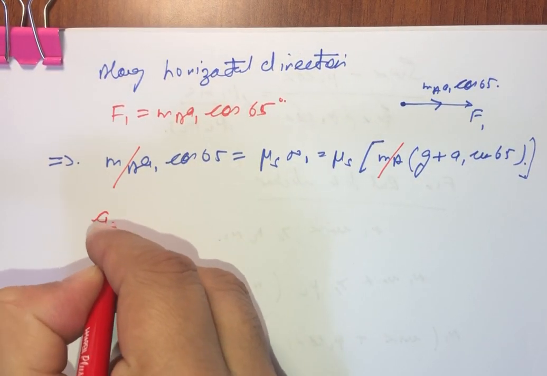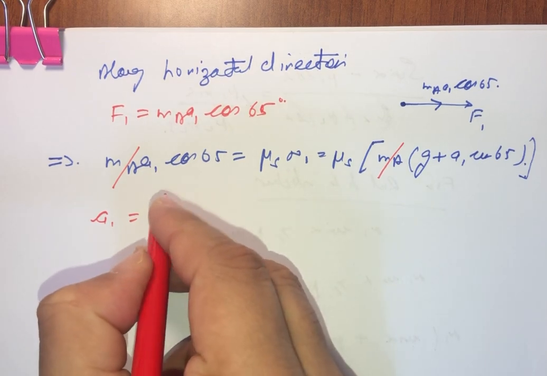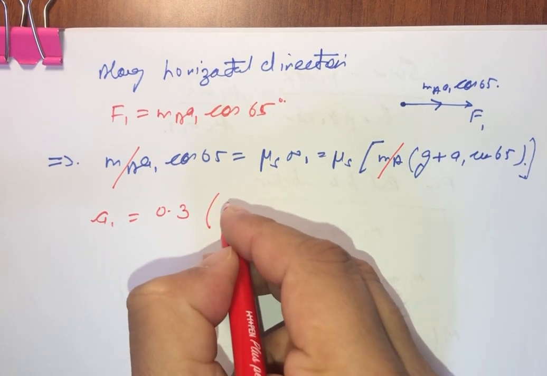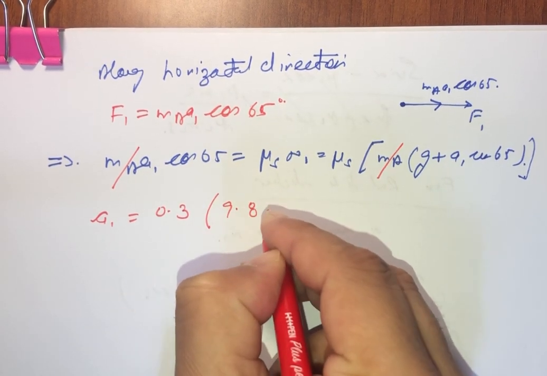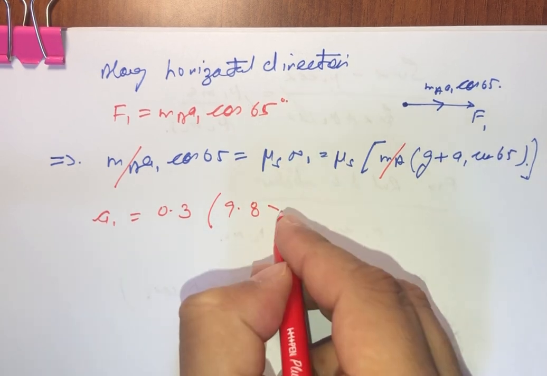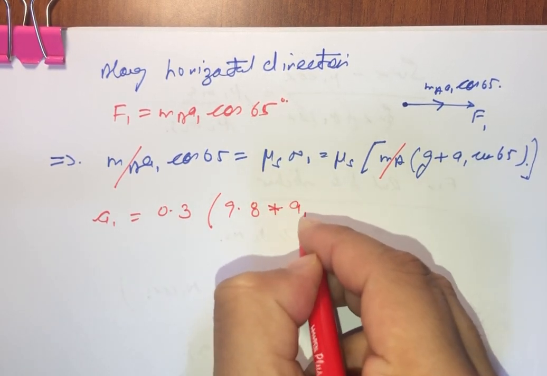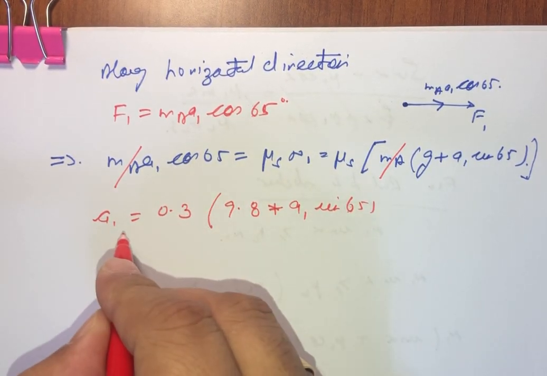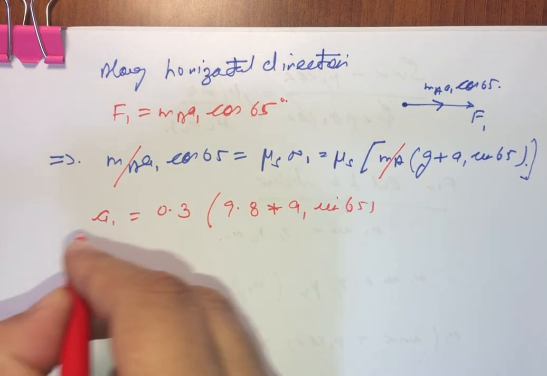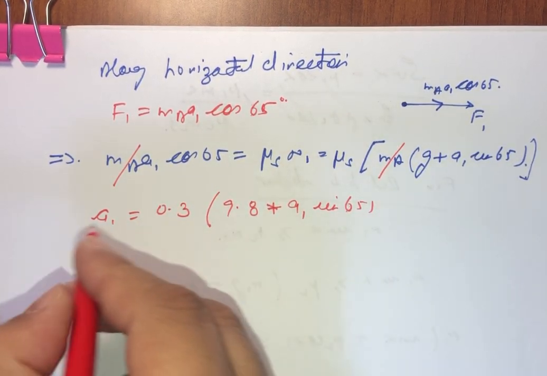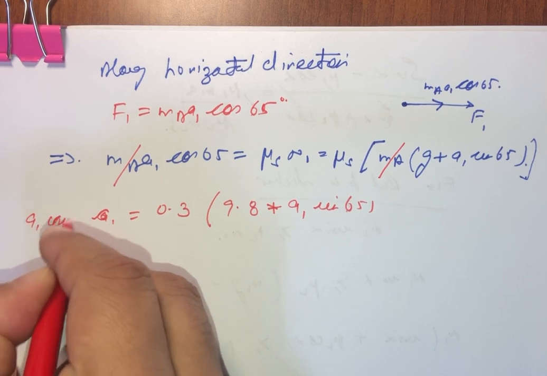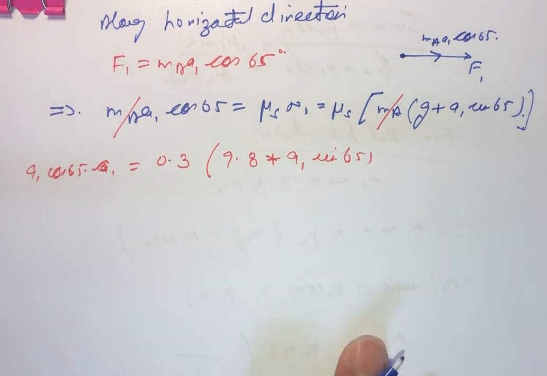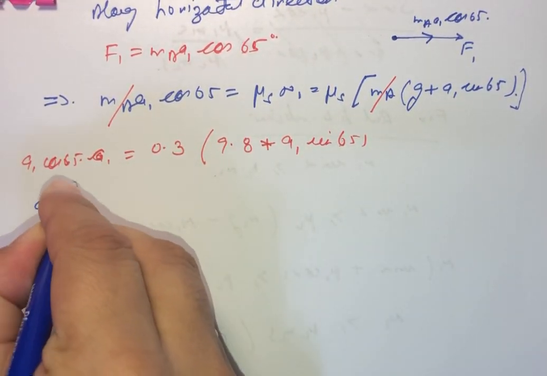We get A1 cos of 65 equal to mu s, which is given as 0.3, times g, which is 9.8, plus A1 sine of 65. So we can just solve it. We can take A1 as common.